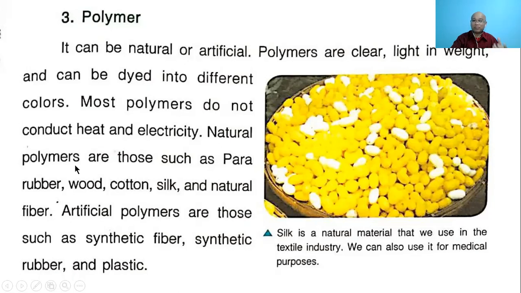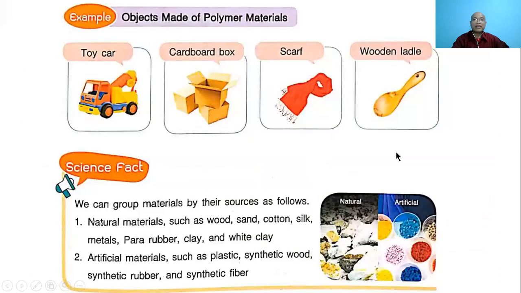Now, natural polymers are those such as para rubber, wood, cotton, silk, and natural fiber. Artificial polymers are those such as synthetic fiber, synthetic rubber, and plastic. They are not natural. Synthetic means made of something else to look like the natural material.